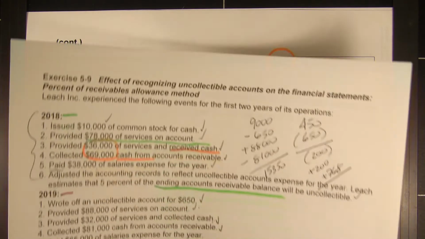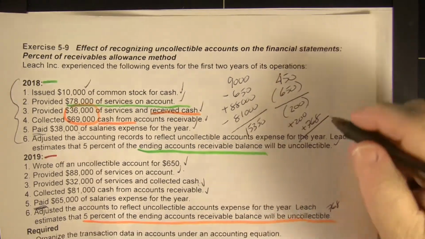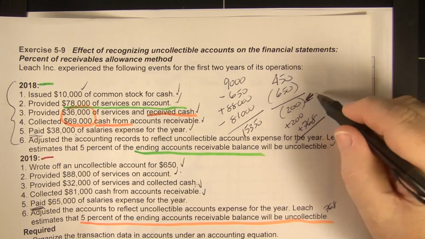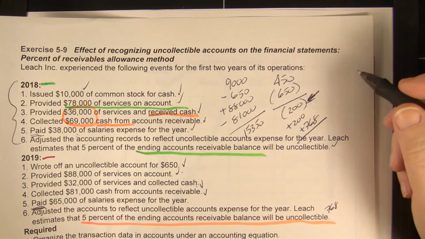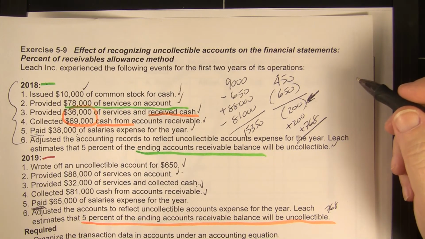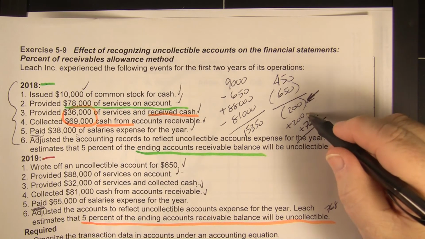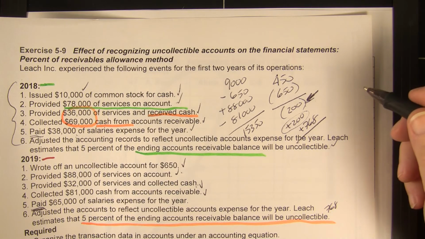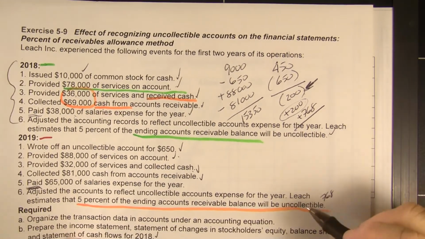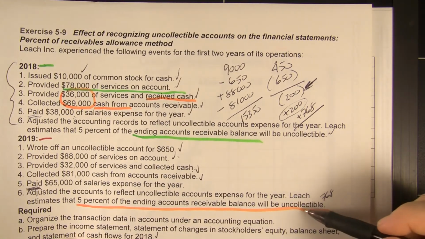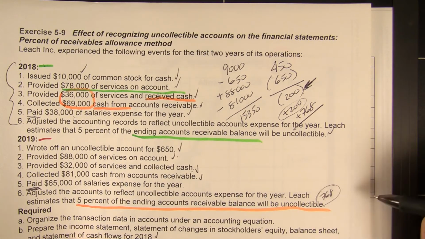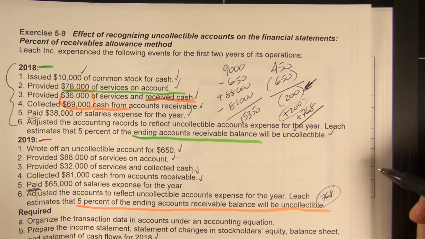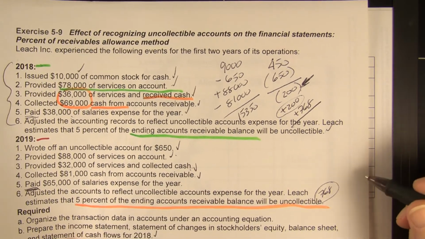Let's go through that again. Want to make sure you got it. When we started, for lack of a better term, we owed the kitty $200. So we had to put that in just to get back to zero. So we needed at least $200. Then it says we want to show that at the end of the year we'll have $768 set aside that we believe we will not collect.